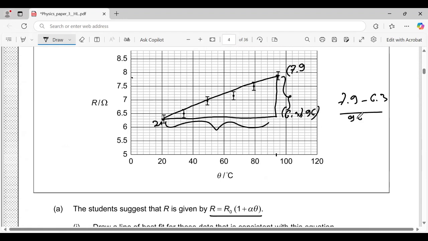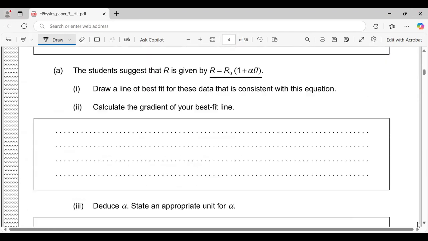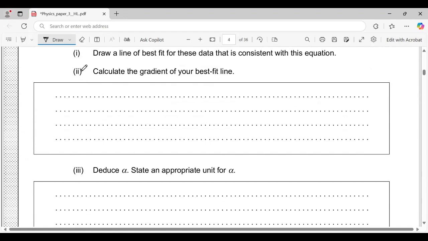So 96 minus 21. We'll calculate here. So M equals 7.9 minus 6.3 divided by 96 minus 21. And if you calculate, the result is 0.02133, and so on.